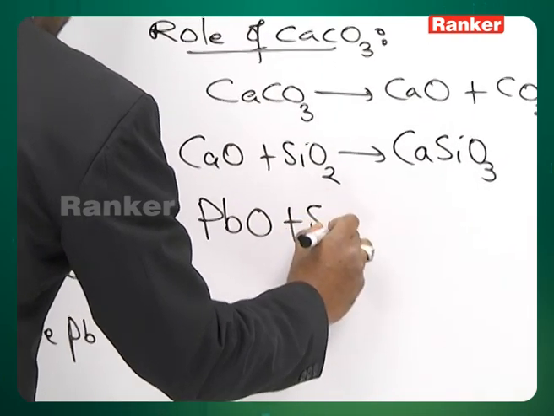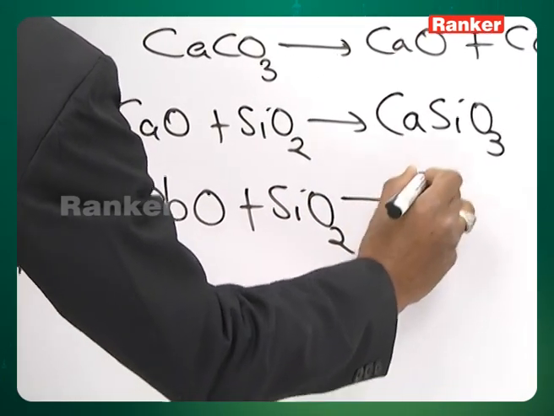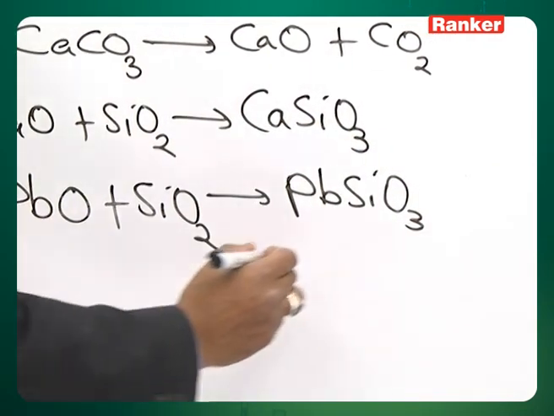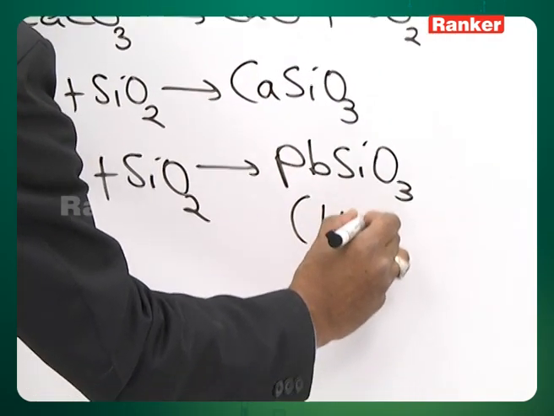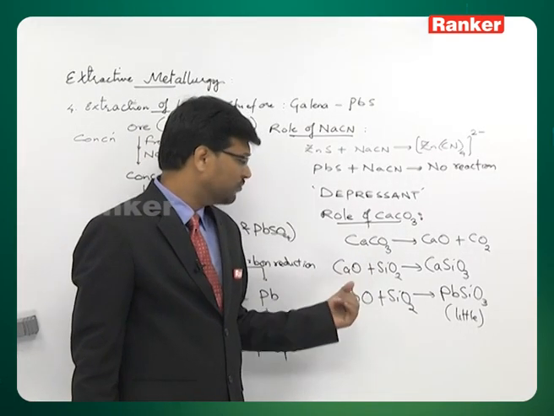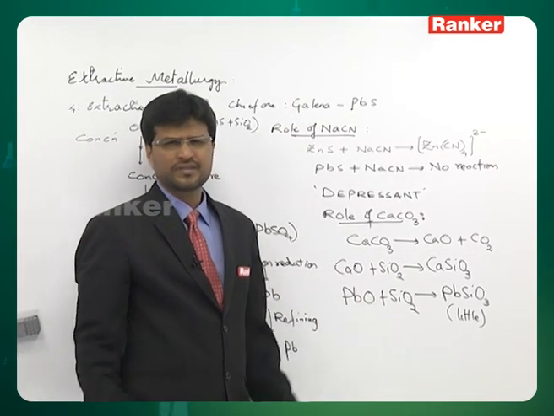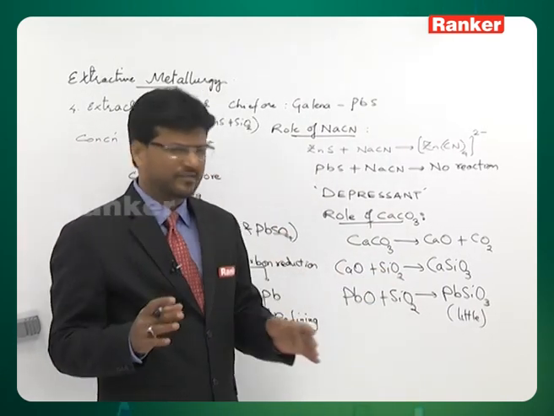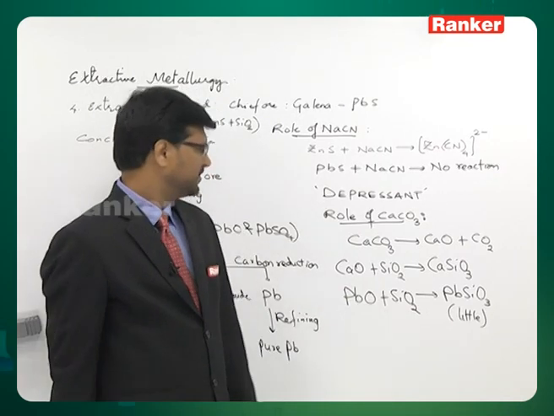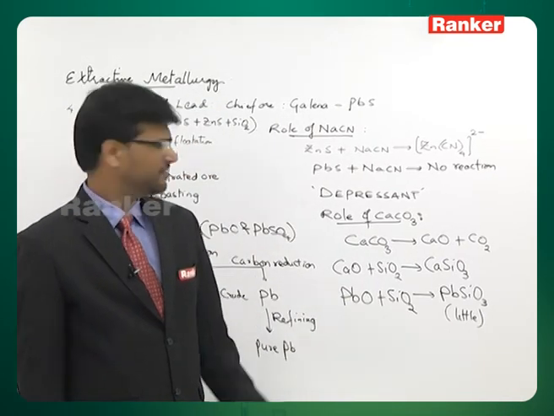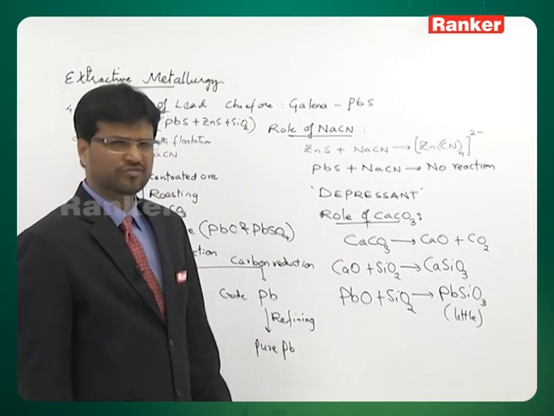PbO plus SiO2 to give PbSiO3. This takes place to a very little extent. Why? Because calcium oxide is more basic than PbO. So calcium oxide will react with SiO2 preferably when compared to PbO. So wastage of PbO as PbSiO3 is largely prevented by adding limestone during roasting.